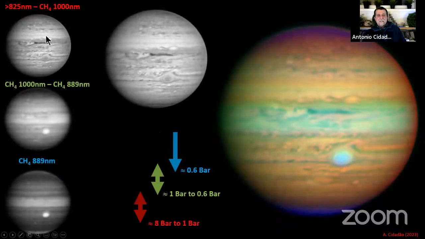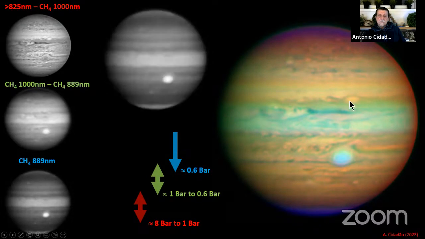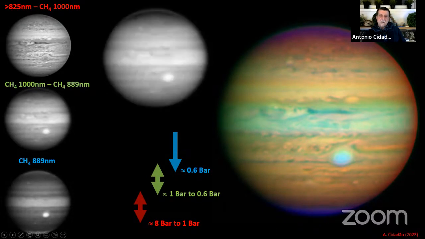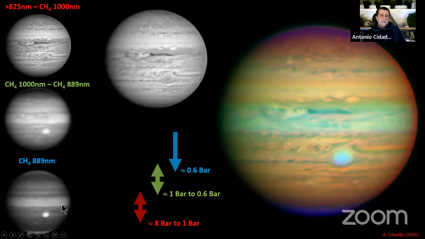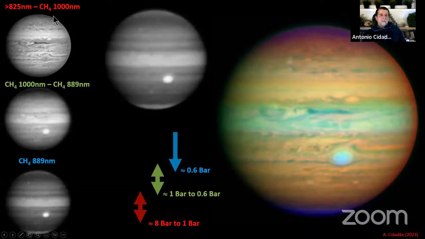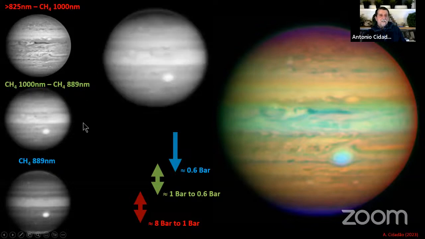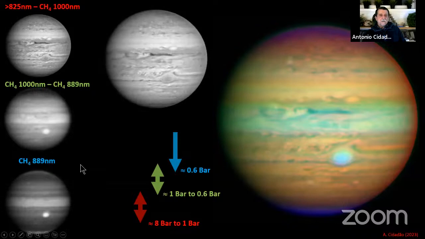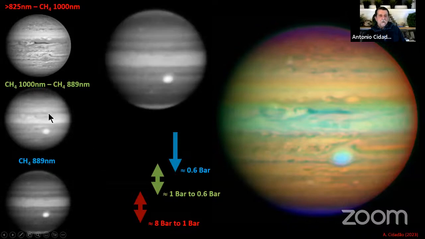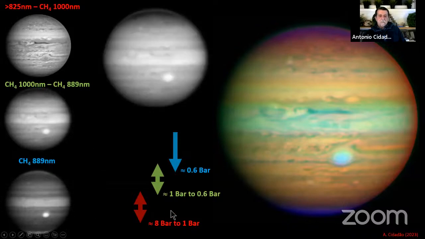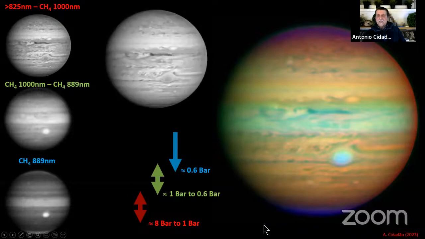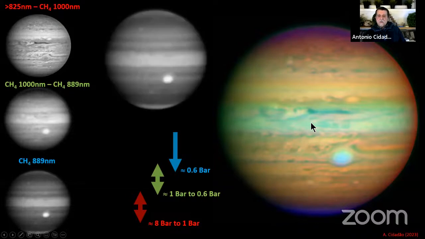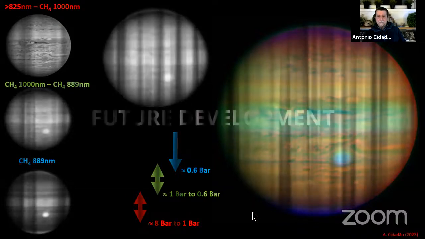And if the component images that constitute this false color image are slightly different, for instance, using subtraction results from individual filters, mapping low, mid, and upper regions of the atmosphere, these maps can also be obtained.